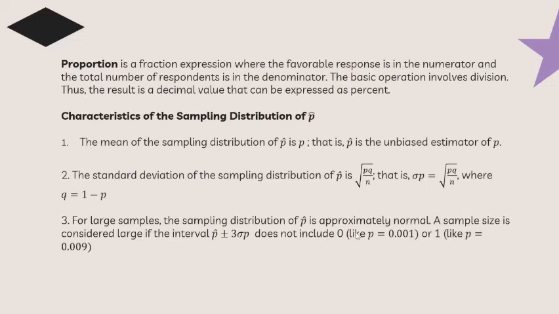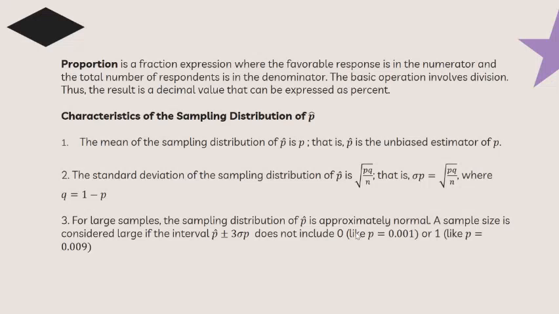Lastly, for large samples, the sampling distribution of your p hat is approximately normal. A sample size is considered large if the interval p plus or minus 3 times sigma sub p hat does not include 0, like p is equal to 0.001, or 1, like p is equal to 0.009.